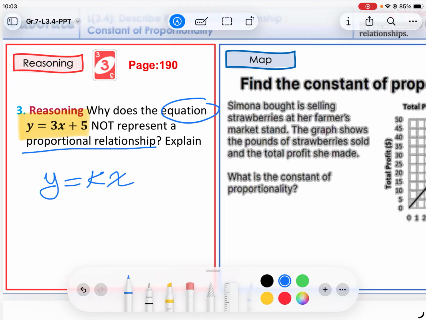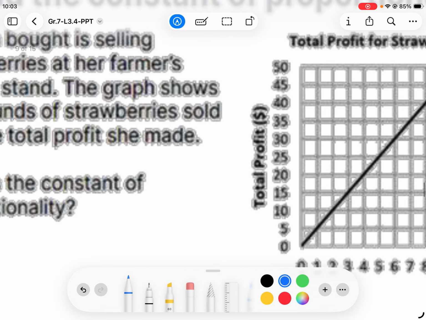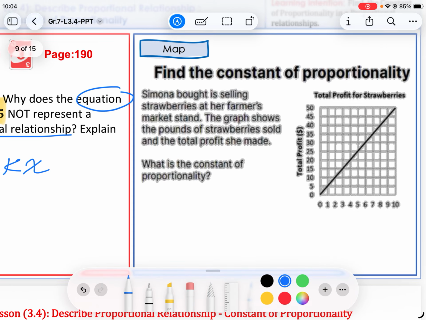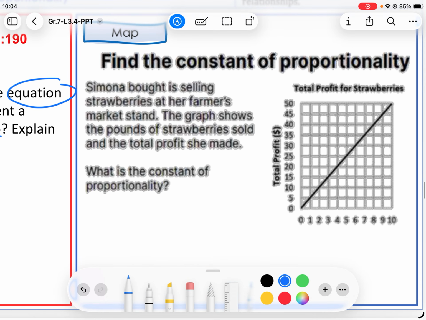So that should be your answer. You should write that a proportional relationship equation must be written in the form y equal kx. Okay, this is how you should write it. And this question, I will explain it more in the next one.